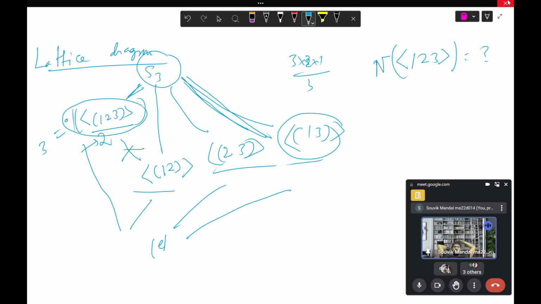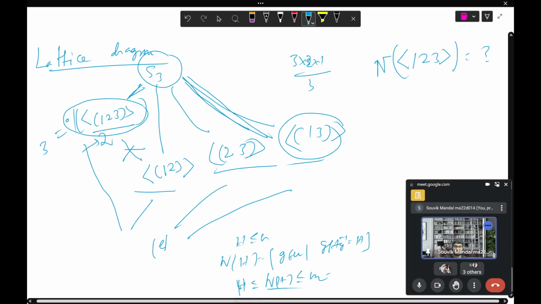So H is a subgroup of G, the normalizer of H contains all those g belonging to G such that gHg inverse equals H. This is the normalizer. Okay, and the normalizer is a subgroup of G. And obviously the normalizer contains H.